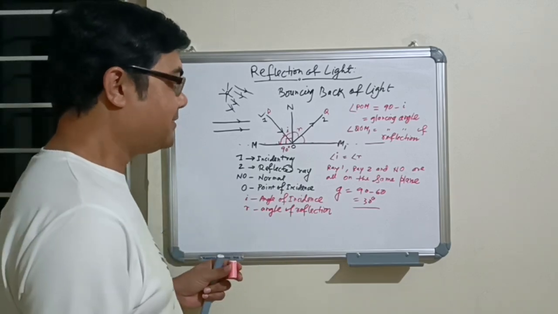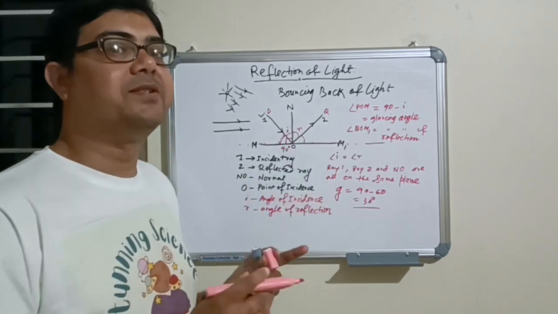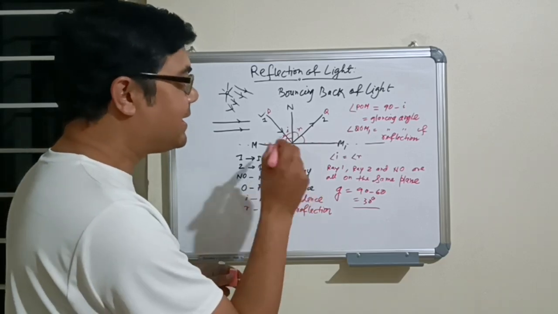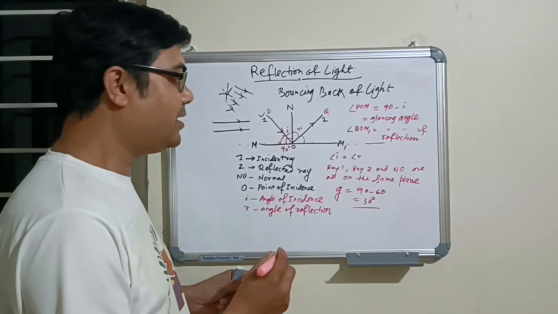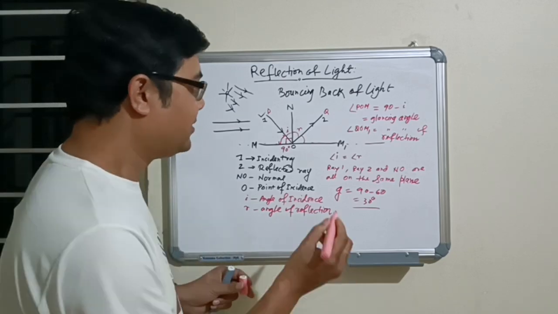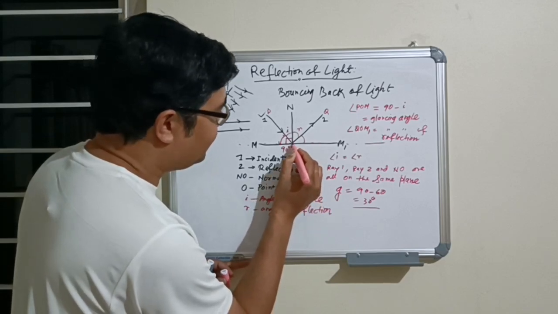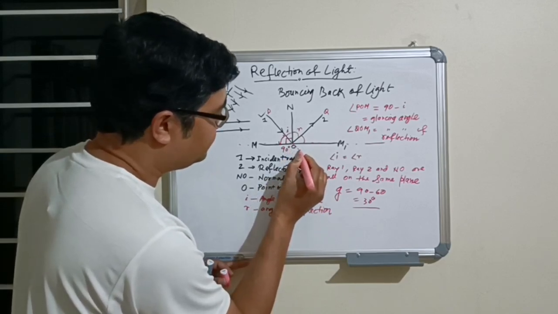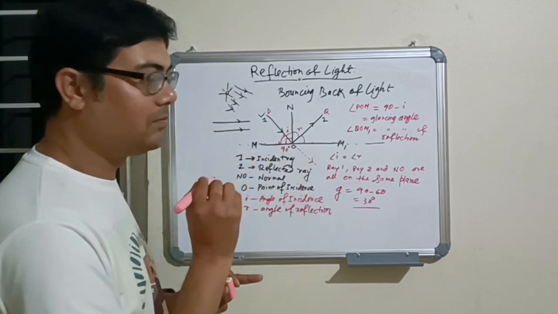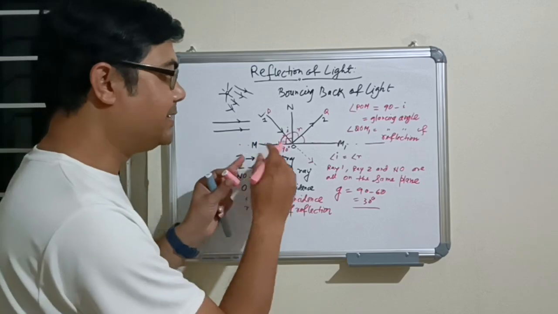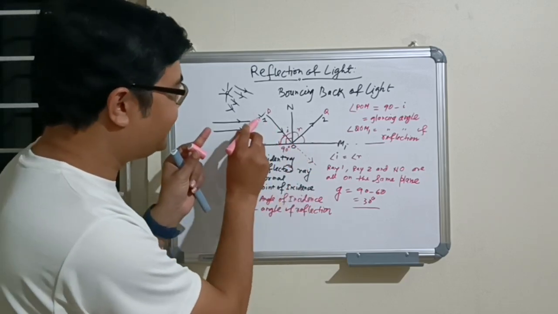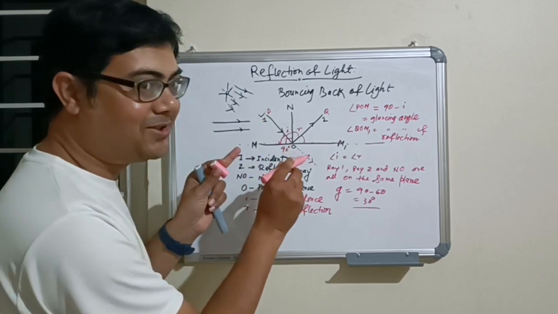Now let's say this mirror is not present here. Suppose, in the absence of the mirror, if I extend back the incident ray, what would happen? I'm just extending back. Without the mirror it could have gone towards this direction, this ray PO, correct?